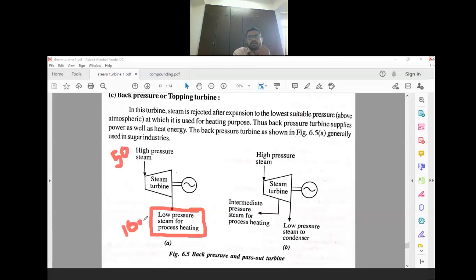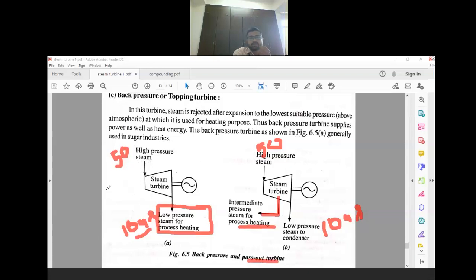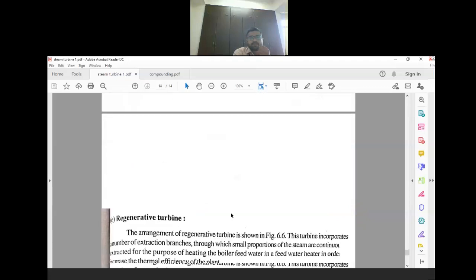So you are utilizing steam which is coming out at 1 bar. But in the pass out turbine, suppose this is 50 and this is 1 bar, but in between, suppose at 10 or 20 bar, you are taking some of the steam from the turbine and utilizing that steam for heating. That type of turbine is known as a pass out turbine. I hope you have understood this.